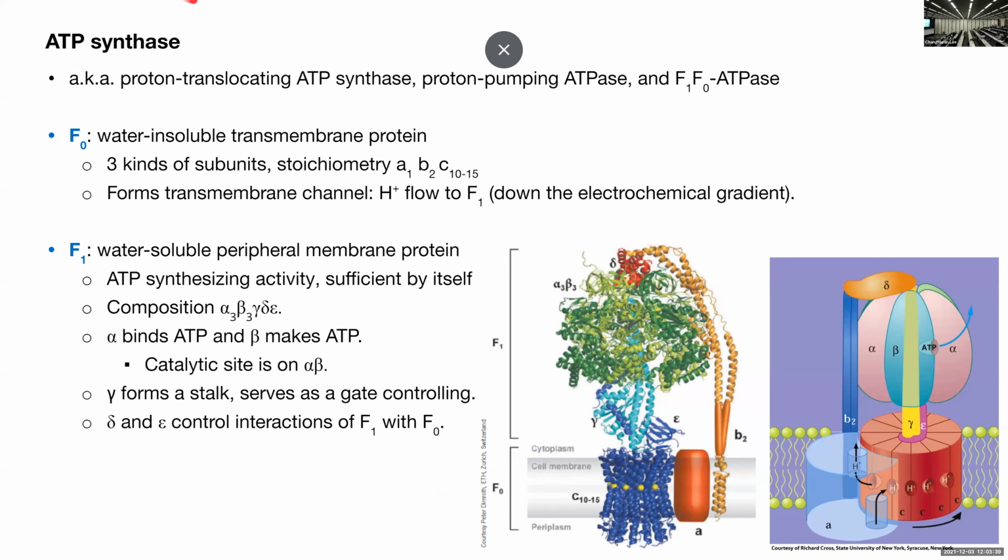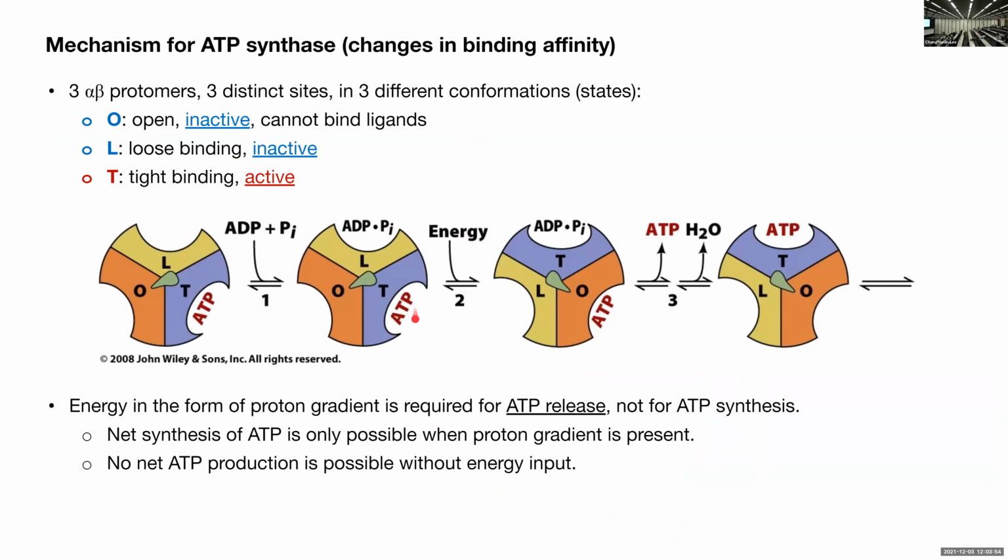So we talked about the ATP synthase. I didn't have enough time to go over that because it was towards the end of the last lecture. But I talked about the F0 and F1 complex there, and more importantly, the mechanism.